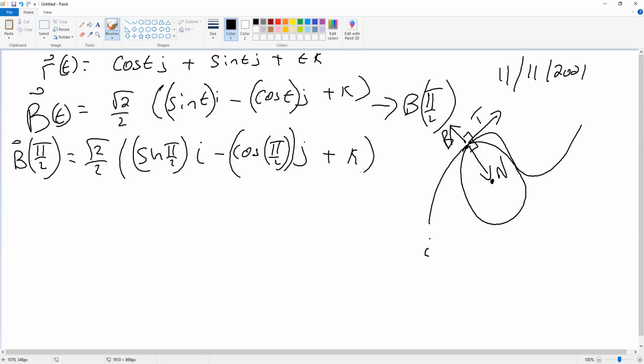Cool thing is k has nothing, so k is just k. So we're going to get 1, so just i minus, what's the cosine of pi over 2? 0, so that means there's no j, plus k, times root 2 over 2.